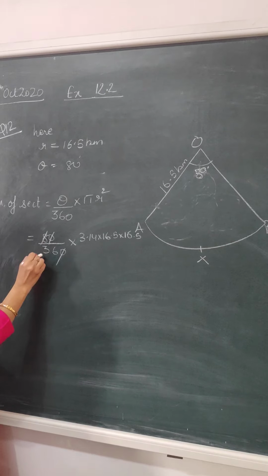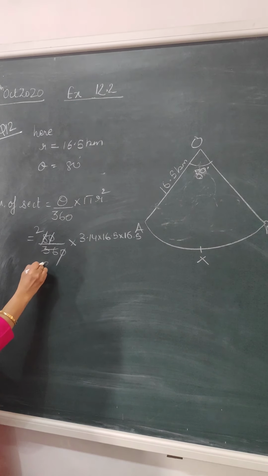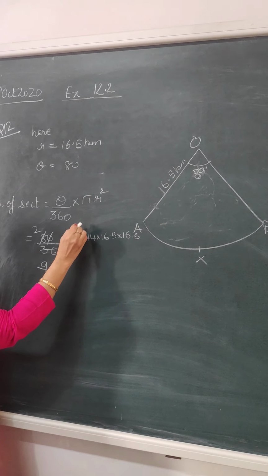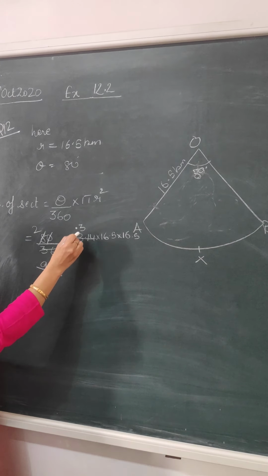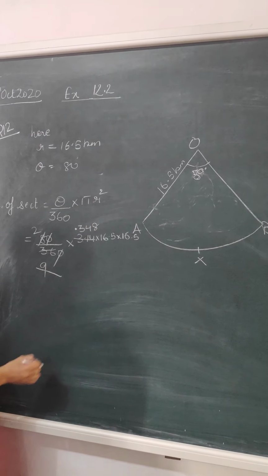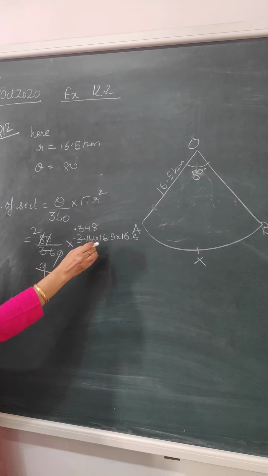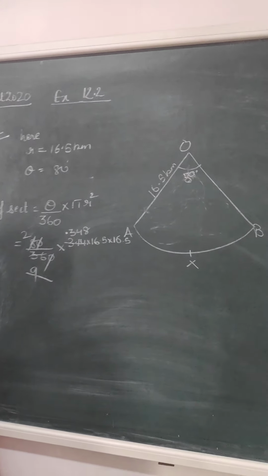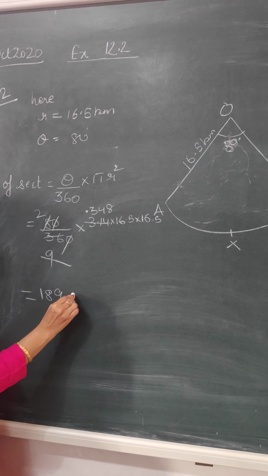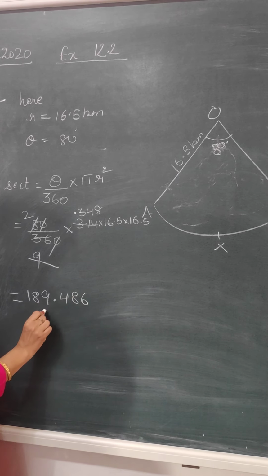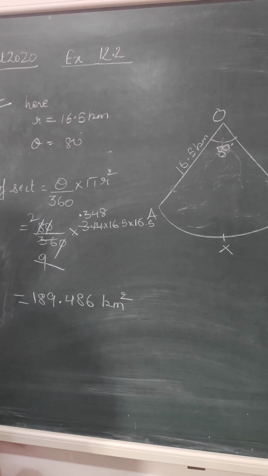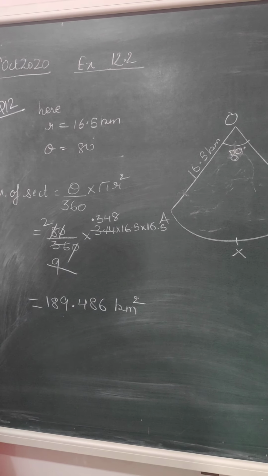So 8 4 2s are 8, 4 9s are 9 से 3.4 cancel कर सकते हैं. 3 4s are 12, 3 9s are 27, 4 आपके पास आ गया, 4s are 36, then 8s are. So 0.348. Now multiplying all these we get 189.486. बेटा कैलकुलेशन आप चेक कर लीजिएगा. किलोमीटर स्क्वायर is the area swept by the light.